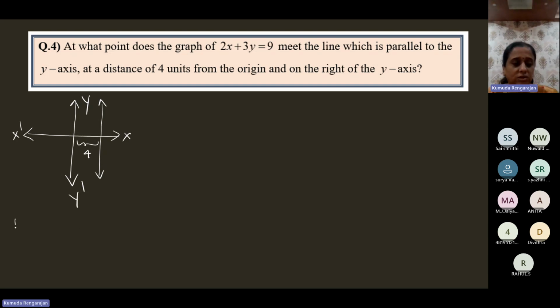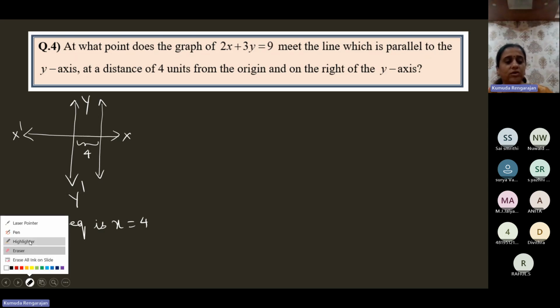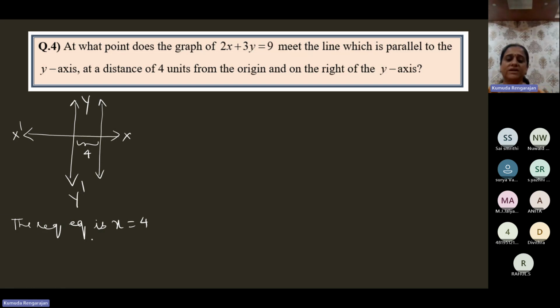So the required equation is x is equal to 4. They're not asking you the equation, so this is enough. If they ask you to write the equation, then you should write it in the standard form.